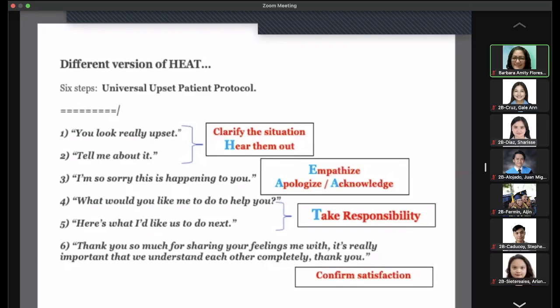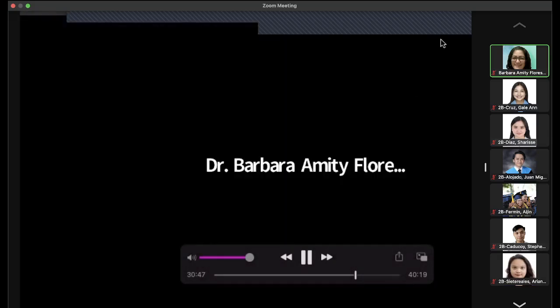It shows 6 steps, but if you consider the steps, they also show clarifying the situation, hearing them out, empathizing, apologizing, acknowledgement, taking responsibility, and confirming satisfaction. So let me play that.